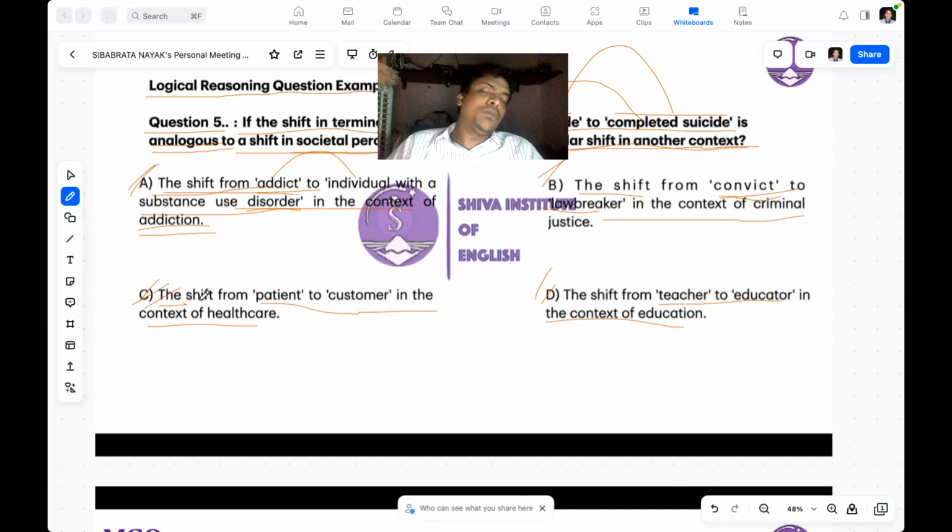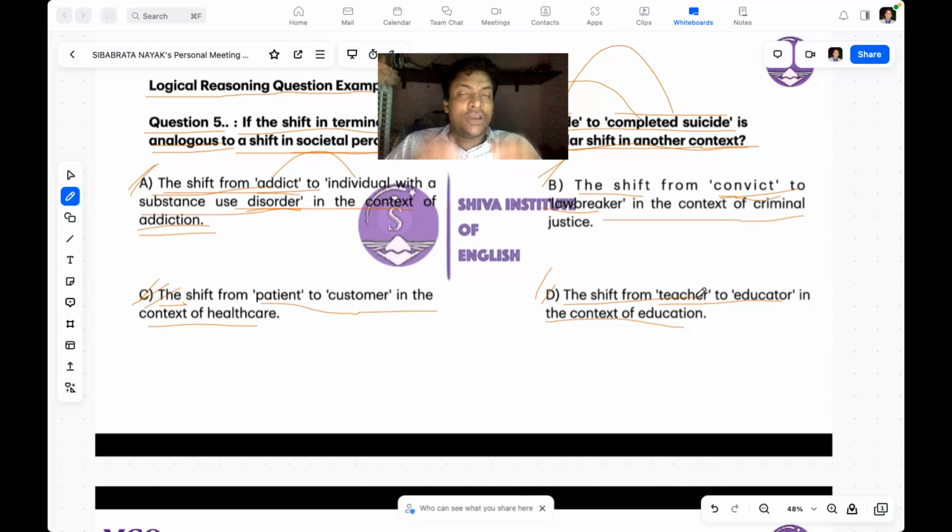Now, if I go for option D, what does option D say? The shift from teacher to educator is a change in terminology, but does not signify a shift in societal perception or a more compassionate approach.